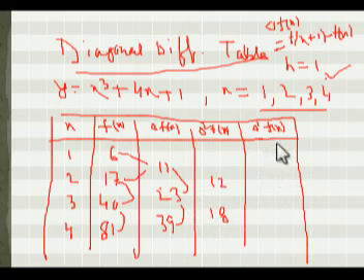For the third difference operator for f1, it will be the second difference for f2 minus the second difference for f1. This will be just 6. So this is the third difference operator for f1.